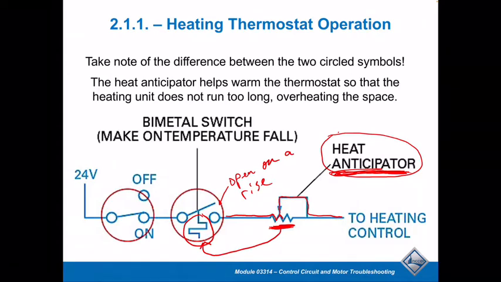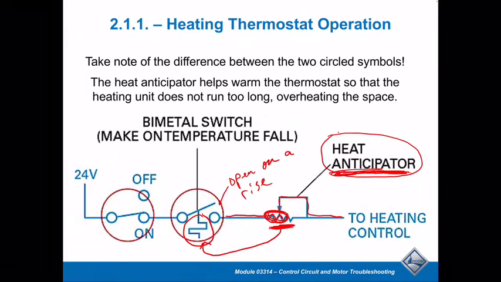The anticipator also can be burned out. In other words, if you run an excessive amount of current through a thermostat, this little resistor, let's call it a variable anticipator, that little device can actually burn up. For example, if you're wiring up a thermostat and you accidentally touch the heating wire to the chassis of the unit, it will immediately smoke that anticipator.